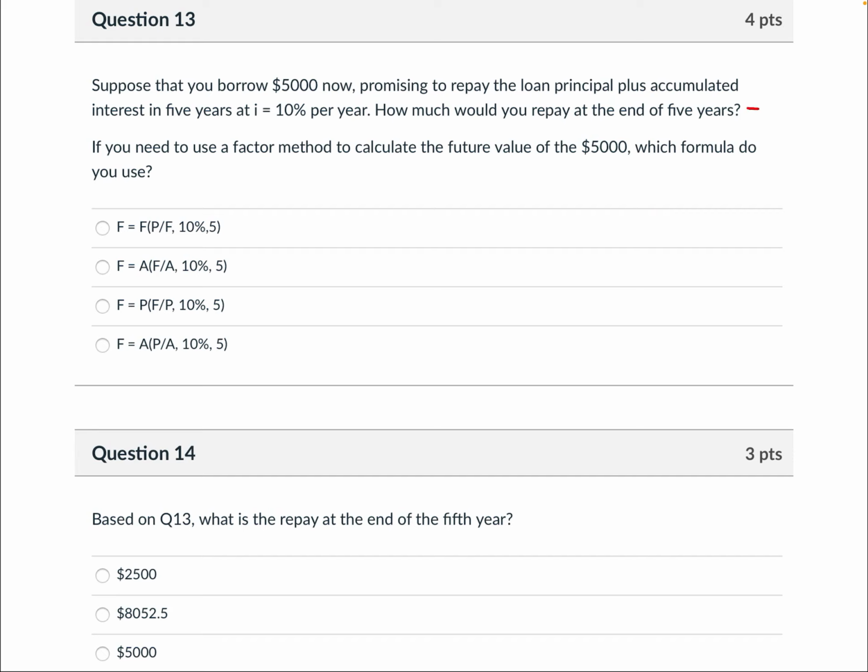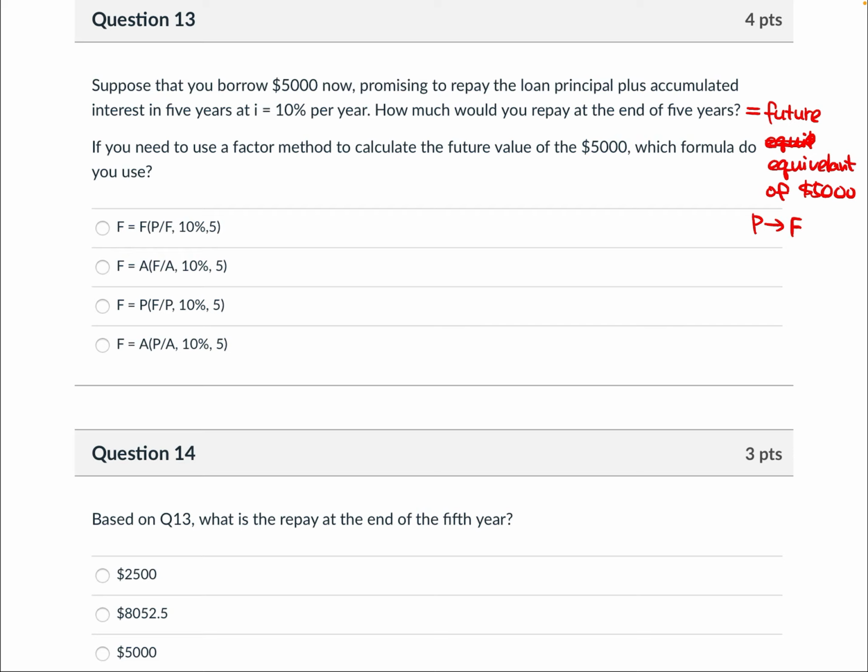Okay, so that equals asking what is the future equivalent of the 5,000. So it's to convert a present worth to a future worth.